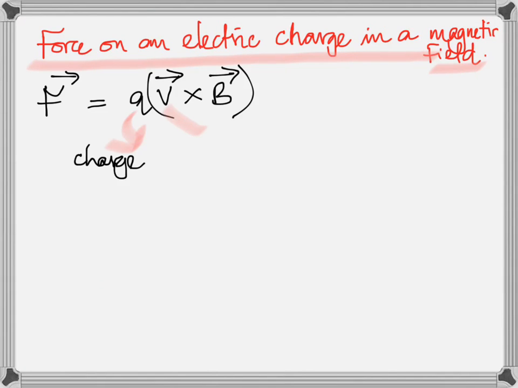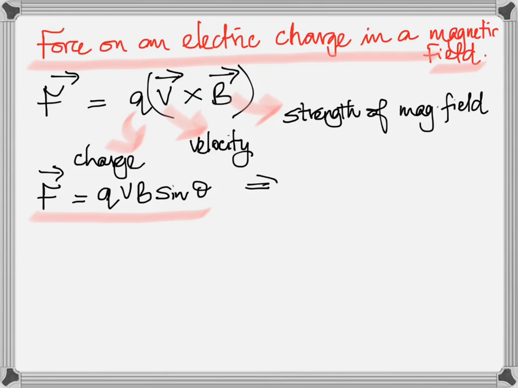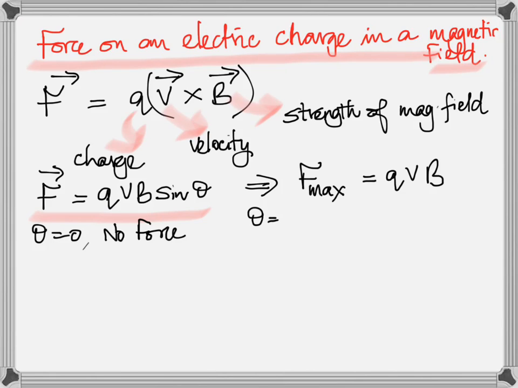If a charged particle enters a magnetic field, a force acts on it, and this force is given by Q V cross B. Q is the charge, V is the velocity, and B is the strength of the magnetic field. Now, V cross B can be written as VB sine theta, and therefore the maximum force happens when the charged particle enters at right angles to the magnetic field.